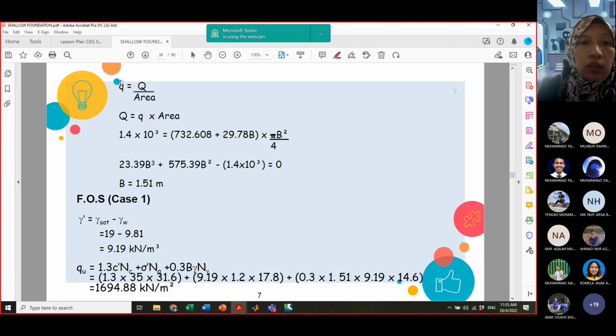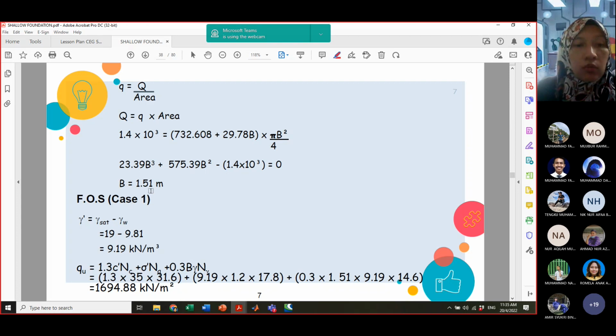Tadi kita buat macam mana? Q ni kita darabkan dengan area. So same goes to here lah, daripada Q allowable kita darab, kita jadikan dia sebagai Q design load sama dengan Q allowable darab dengan area. So you akan settlekan as one single equation to have the size of the circular diameter ataupun lebar of the circular footing tu. So the B is 1.51 meter.